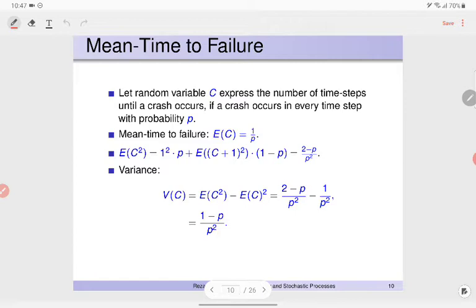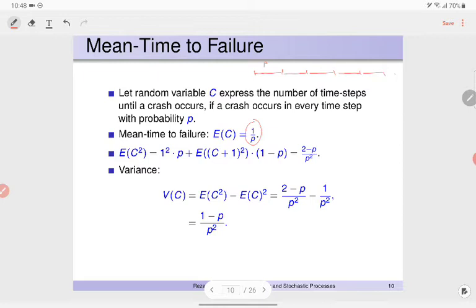Let random variable C express the number of time steps until a crash occurs, if a crash occurs in every time step with probability P. So we have the first time step, the second time step, and so forth, and in every time step, we fail with probability P. We have already seen that the mean time to failure, namely the expectation of this random variable C, is equal to 1 divided by P. What we want to know right now is the variance.